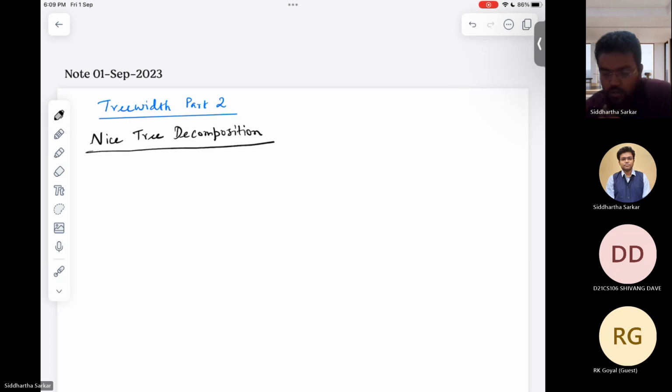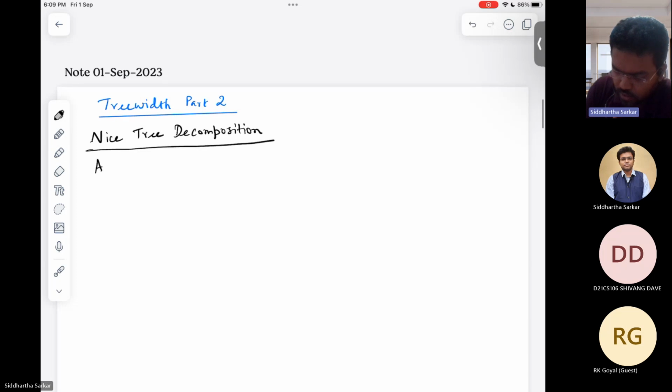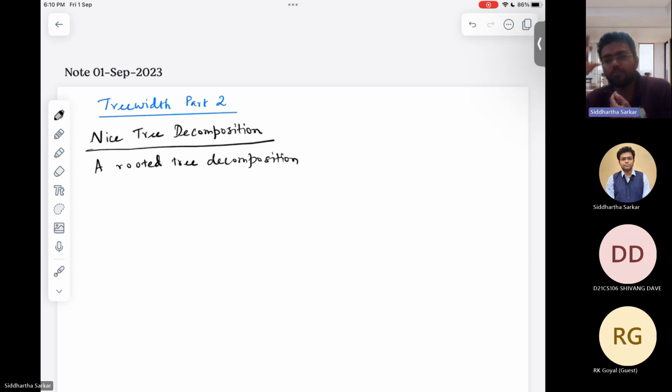So a rooted tree decomposition means that in the tree decomposition one of the bags will be called the root, and then it will have children.